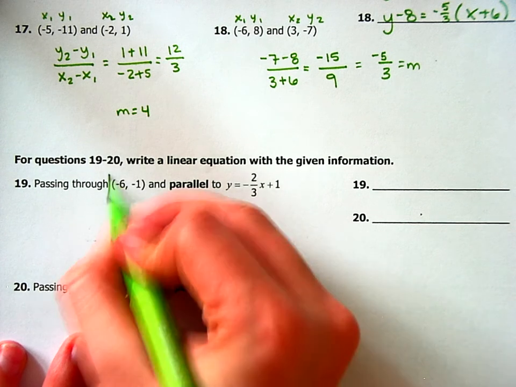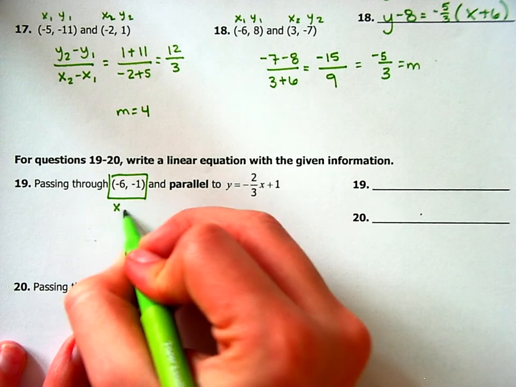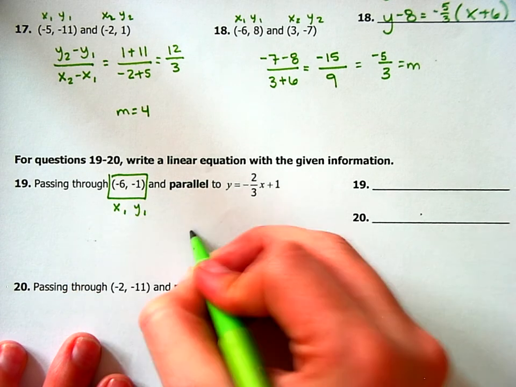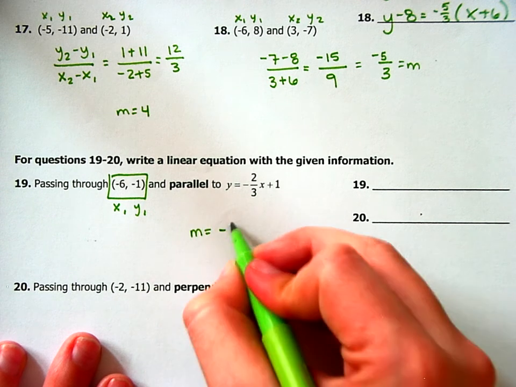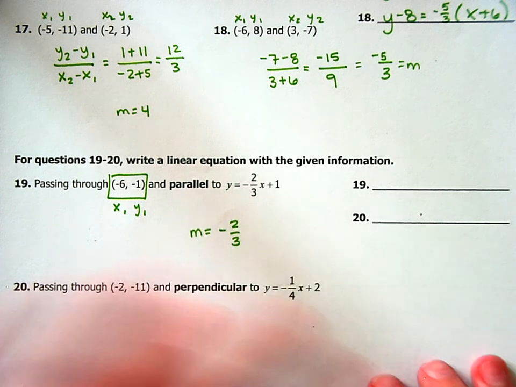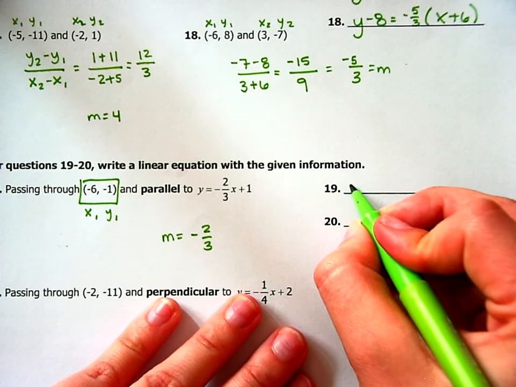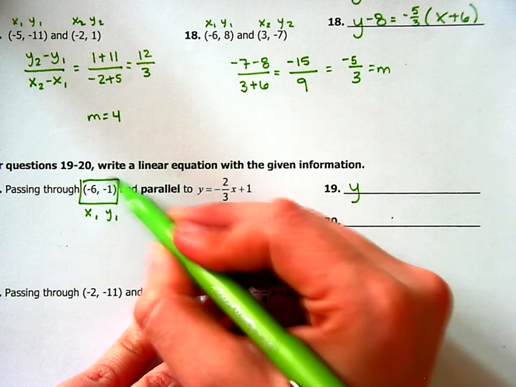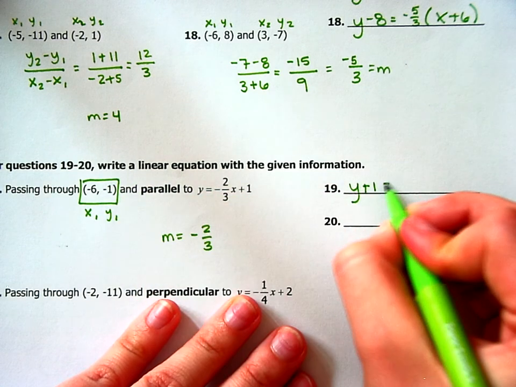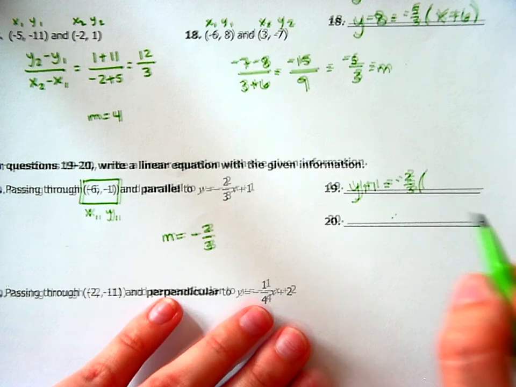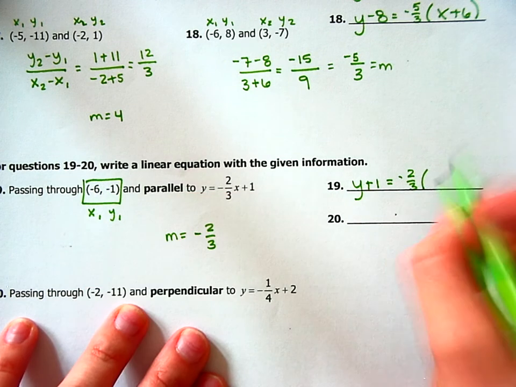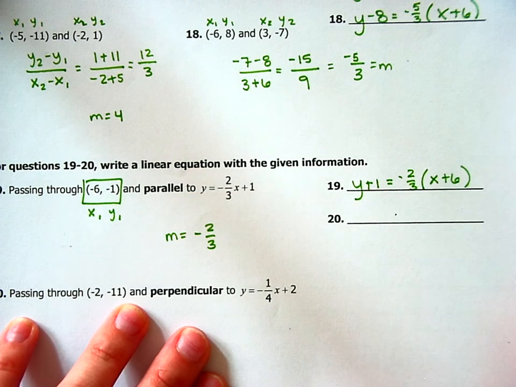So I know this is my x1 and my y1, and I know my slope has to be the same. So I know it also has to be negative 2/3. Okay, so if we write our equation, y minus negative 1, so y plus 1, our slope is negative 2/3, and then x minus negative 6, or x plus 6.